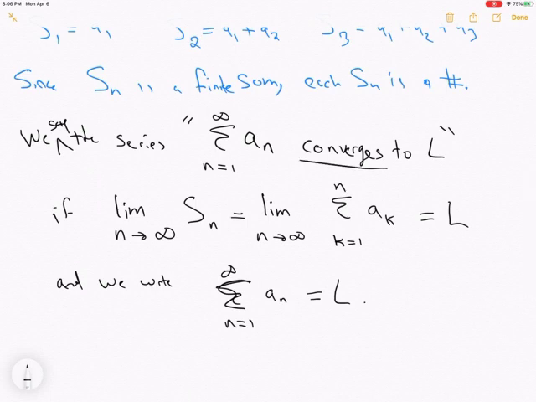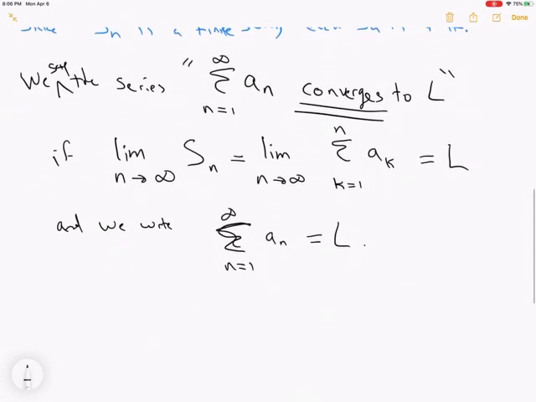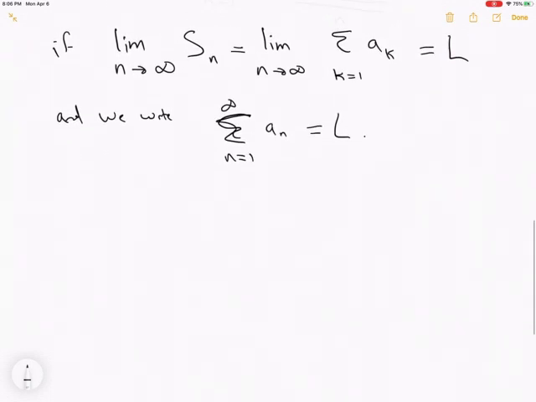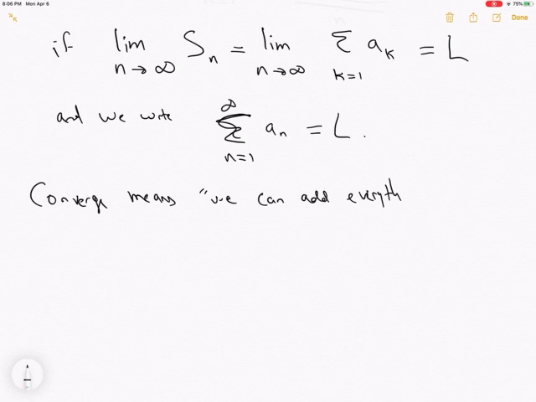So that's the term here. Converge means we can add everything up, putting that in quotes because it's still an infinite number of things.